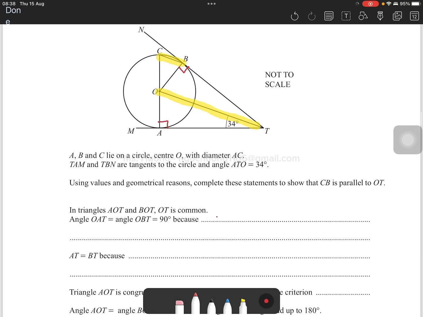So we say that the reason is the radius is perpendicular to the tangent. Remember, TA is a tangent, so it is perpendicular to OA. Similarly, TB is perpendicular to OB.